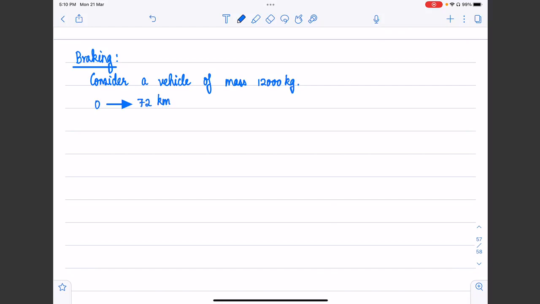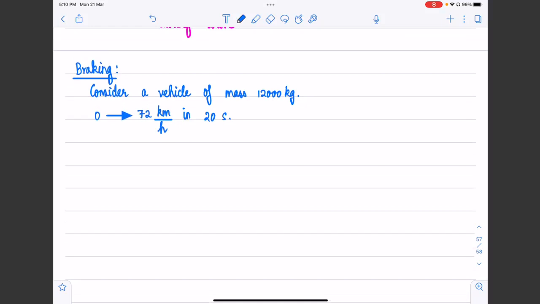When we want to do the calculation, we need to convert to meters per second, in SI units. Let us say we are driving a single unit truck. We want to go from 0 to 72 kilometers per hour in 20 seconds. To convert from kilometers per hour to meters per second, we are typically told to multiply by 5 by 18. Why is that?